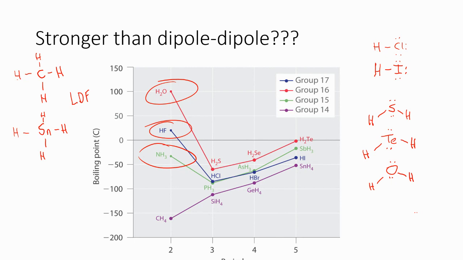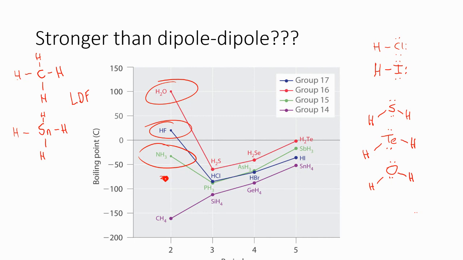So if I thought about it, H2O should have a boiling point somewhere around here. It should be around negative 75 degrees Celsius. But thankfully, it's not. It's 100 degrees Celsius. So it is really about 175 degrees Celsius higher than you might expect it to be.